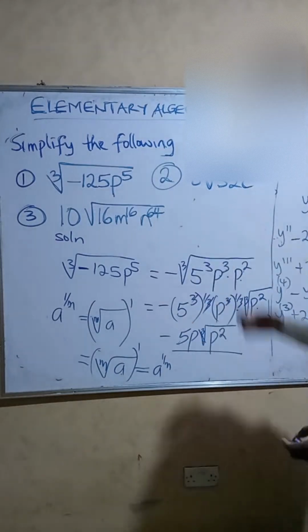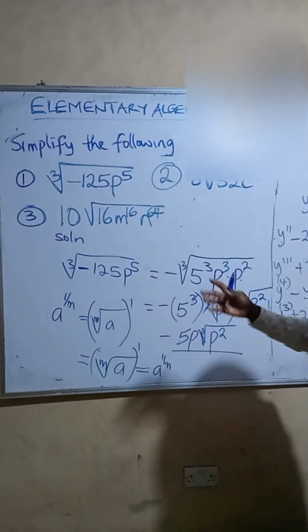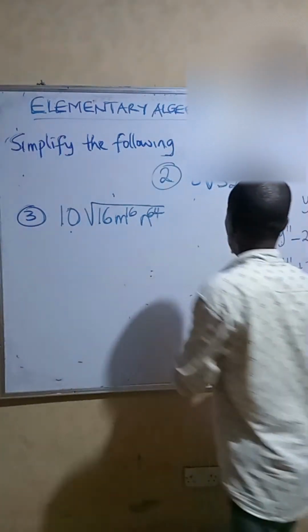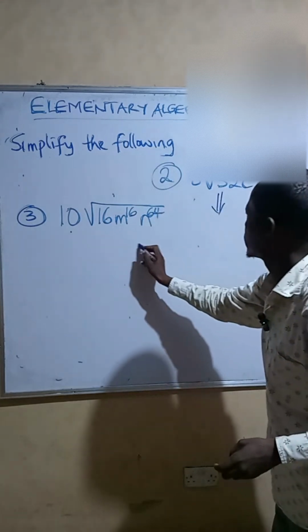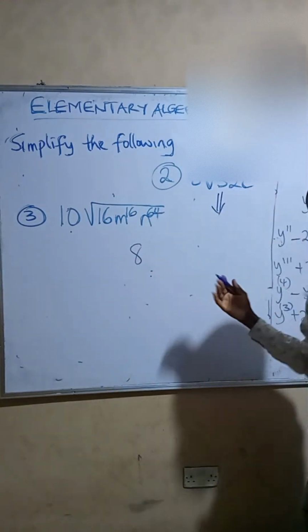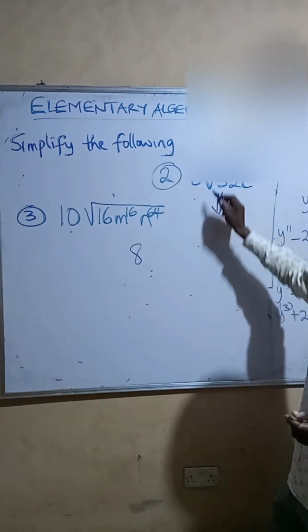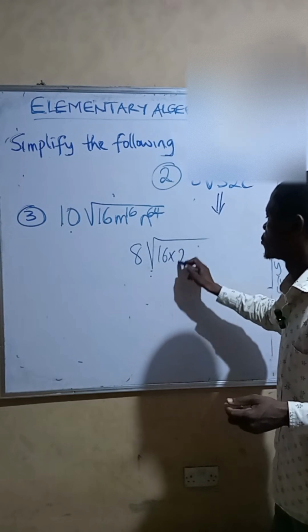Let's see the second question. I've said it's going to be solving questions on elementary algebra. This one, we have the 8 outside. The 32 you can split into 2: this is a square root, it could be 16 times 2 for 32.